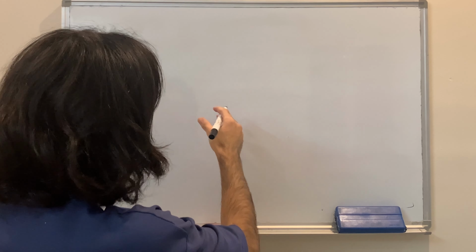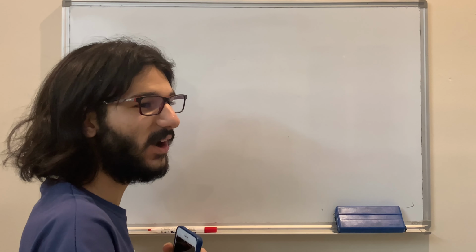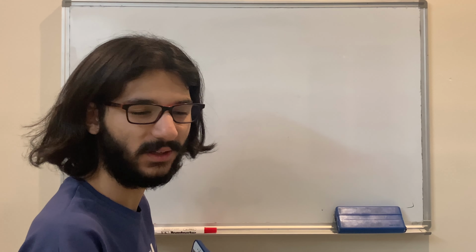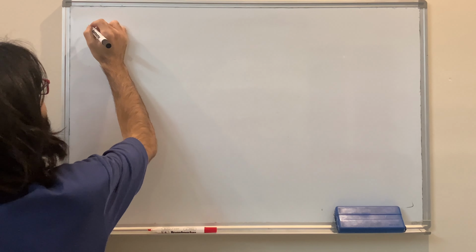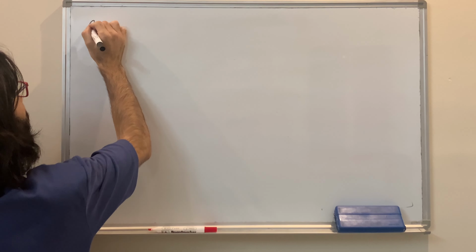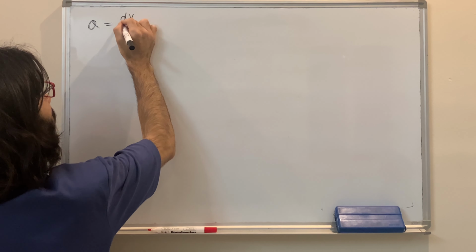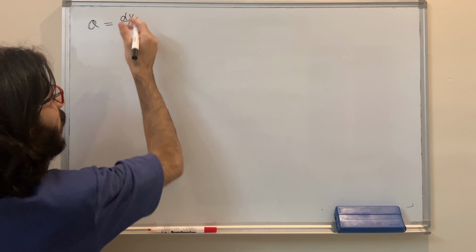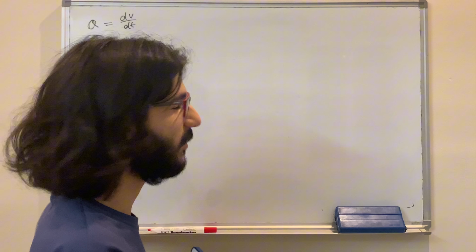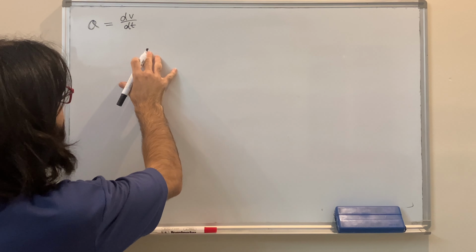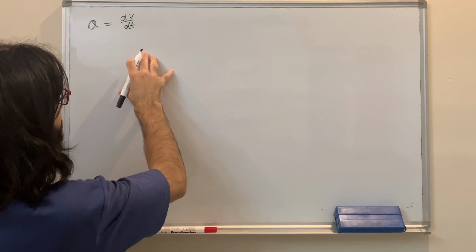So to start off, firstly we need to write the formula of acceleration. Acceleration is just the derivative of velocity with respect to time, some small change in velocity with respect to some small change of time.